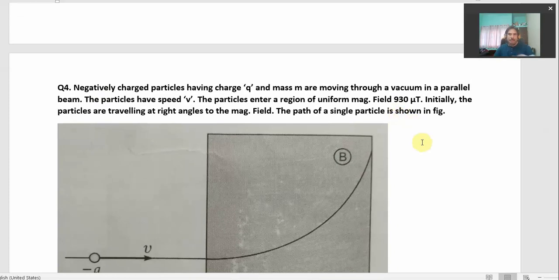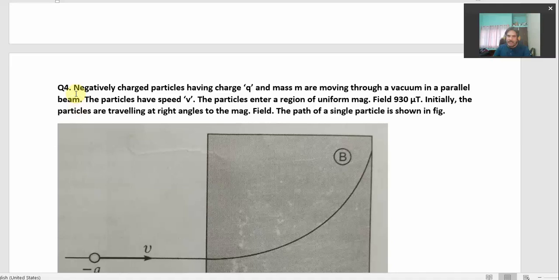It is this: a negatively charged particle having charge Q and mass M. There is a negatively charged particle now. Remember one thing, all the discussion in the previous classes was for the positive charged particle, right? The direction for a positive charged particle is known by the right hand screw rule.